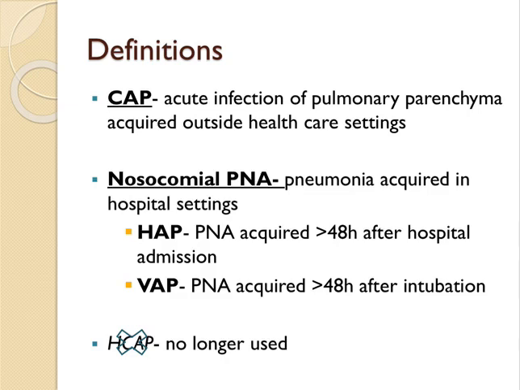Number one is a hospital-acquired pneumonia, which is defined as a pneumonia which is acquired 48 hours after admission. And number two is a ventilator-associated pneumonia that is defined as a pneumonia which is acquired once the patient's been intubated for more than 48 hours.